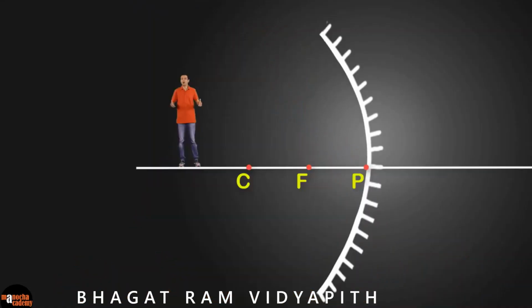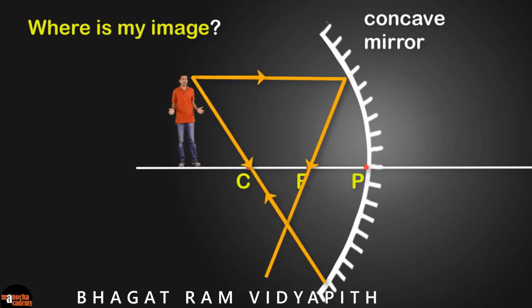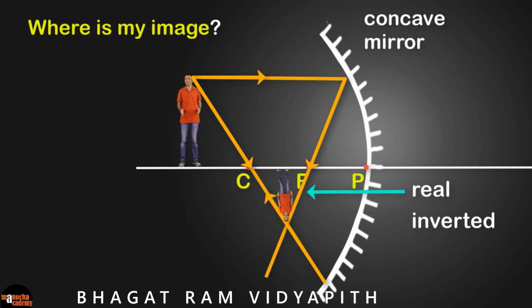Here I am on the principal axis of a concave mirror. Can you predict where my image will be formed and the properties of the image? One method is to use the light ray rules and draw a ray diagram like this. As you can see, this is the position of my image, and it's a real, inverted and diminished image.